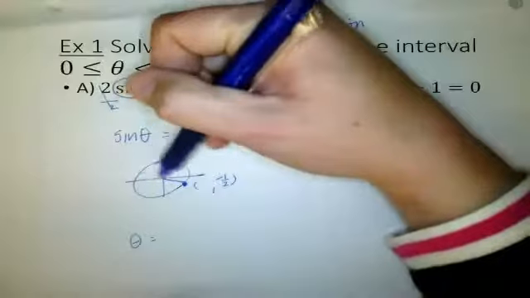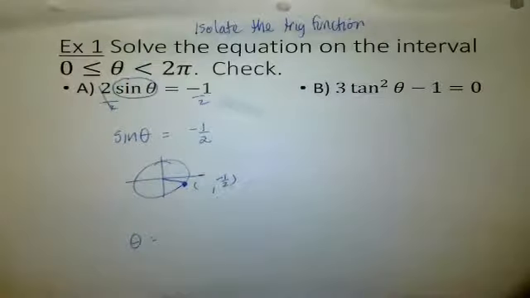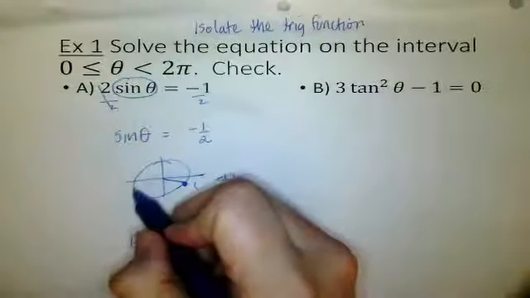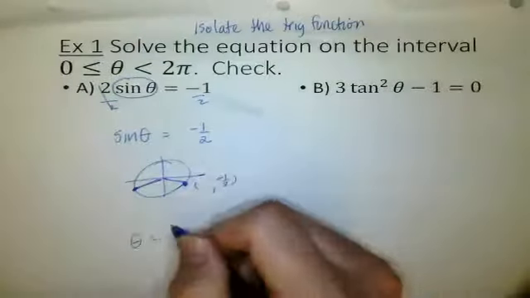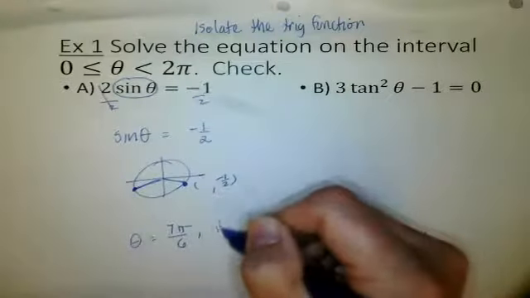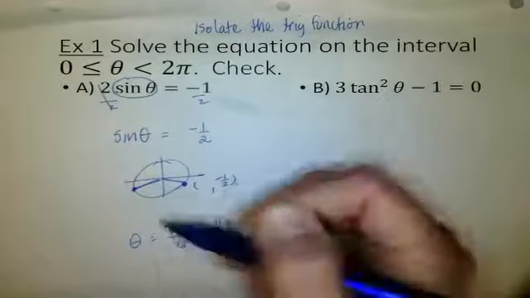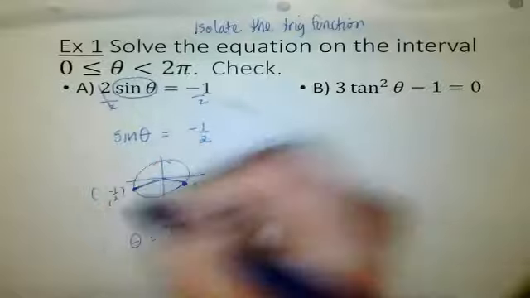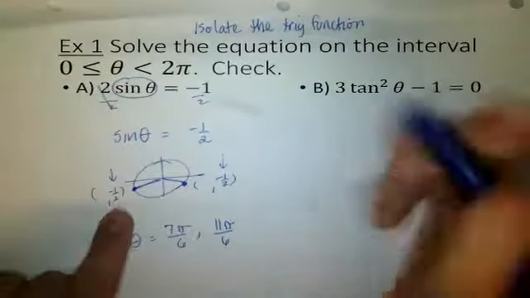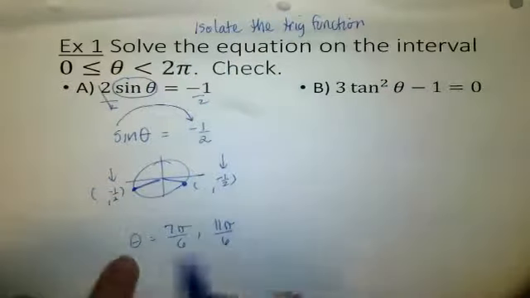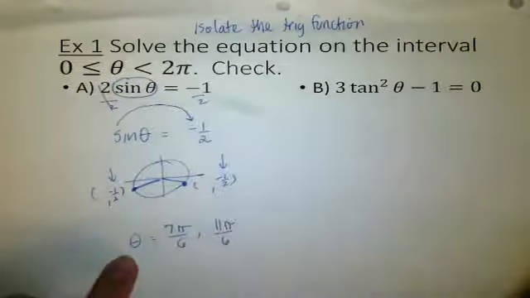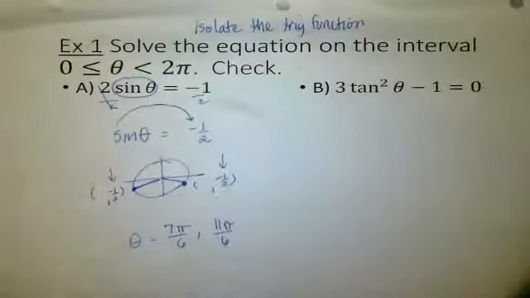Not in quadrant 2, it's in quadrant 3, right here. What angle measure is that? 7 pi over 6 and 11 pi over 6. You gotta know them. They both have that sine value of -1/2, and we're looking for those angle measures: 7 pi over 6 and 11 pi over 6. Now, that's fantastic. Who was it that said -pi over 6?